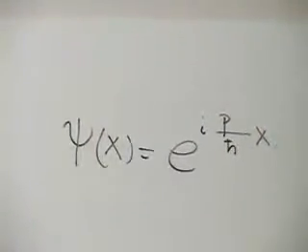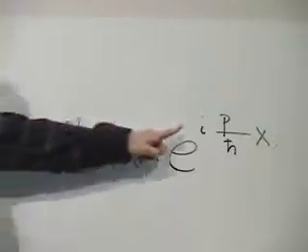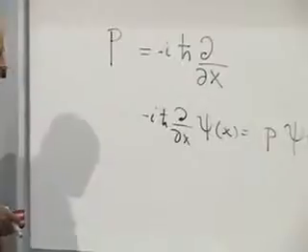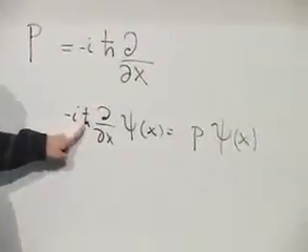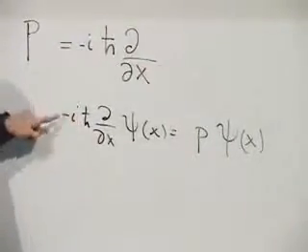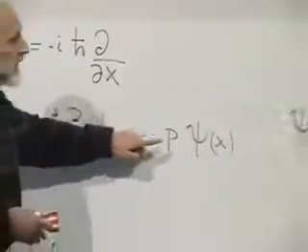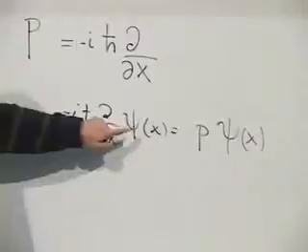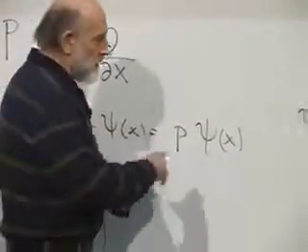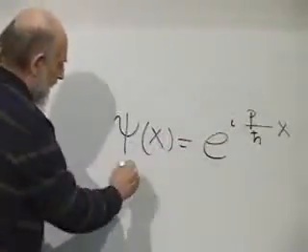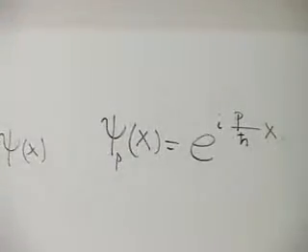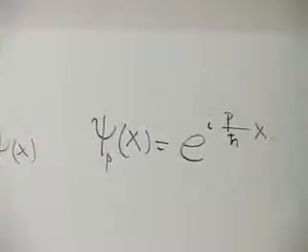If I differentiate with respect to x, it pulls down a factor of i p over h bar. I multiply by h bar, that gets rid of the h bar, and then I multiply by minus i, that gets rid of the i. So when this operation hits psi of x, let's call it psi p of x, it means the wave function associated with a particle of momentum p.